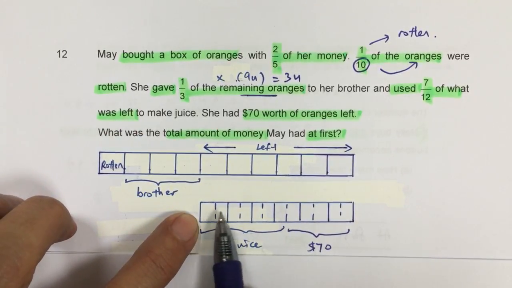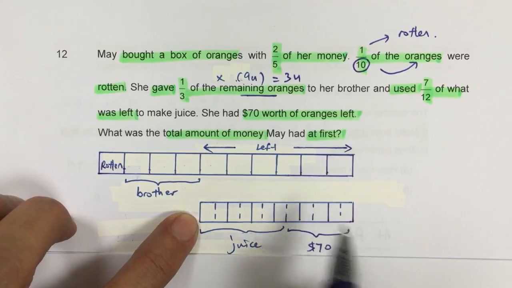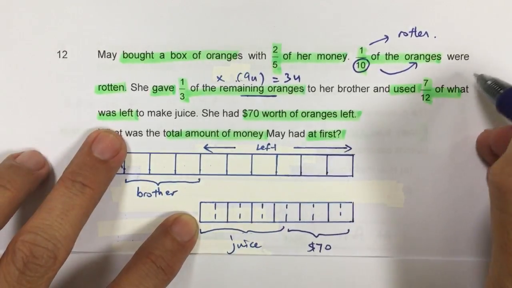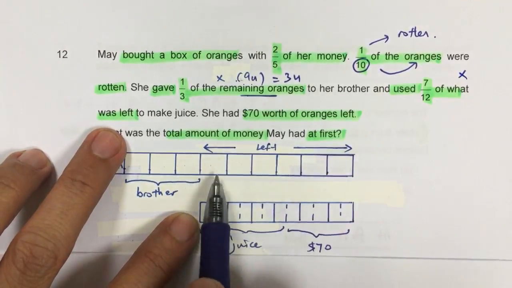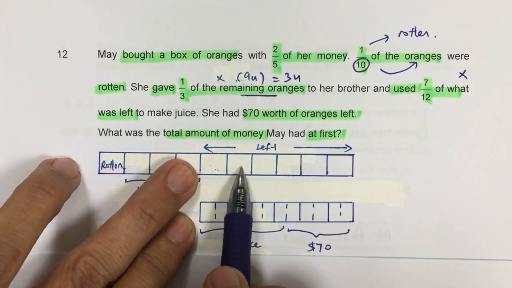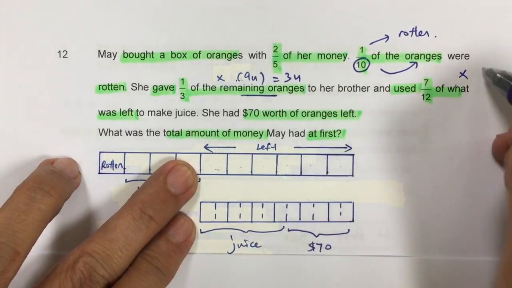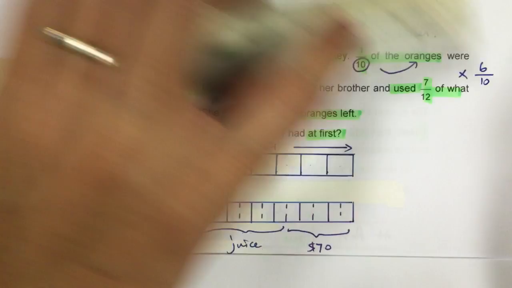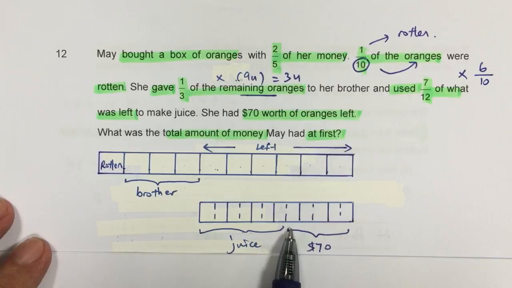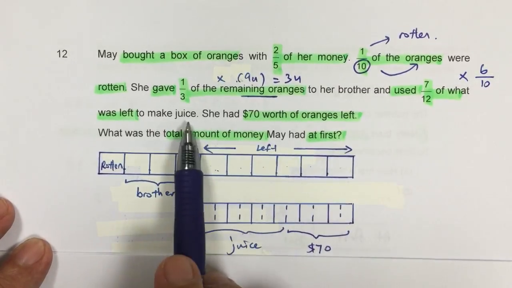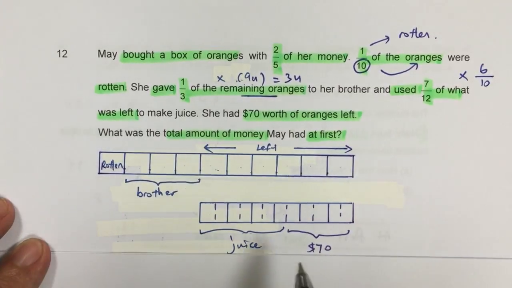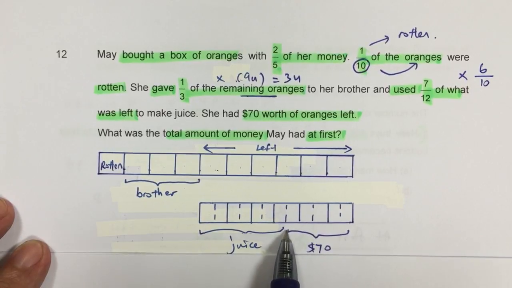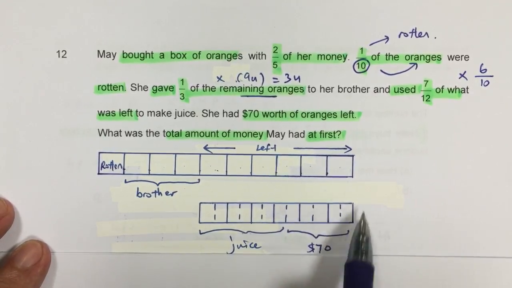So 7 units, 1, 2, 3, 4, 5, 6, 7. So here 7 out of 12 multiplied by what was left, 1, 2, 3, 4, 5, 6. Then after this is what was used to make juice, she is left with $70 worth of oranges.